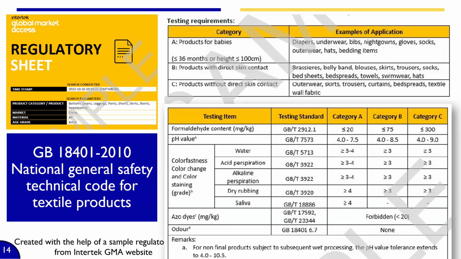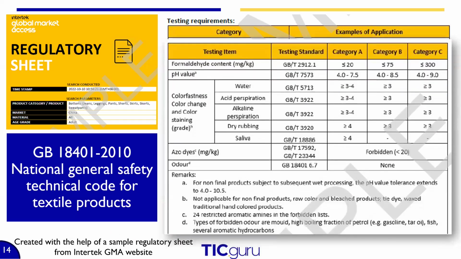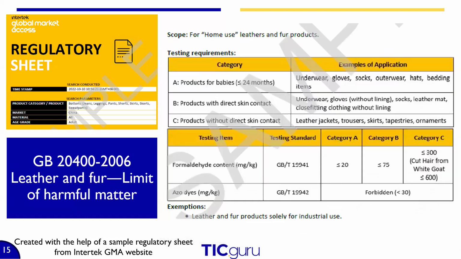So here you would notice that there is a standard, and then it talks about other standard methods, which are, as I said, test methods. And then the standard defines the limits of what is allowed and what is not. So exactly in the same way, I'll move to some of the other standards which are structured similarly.